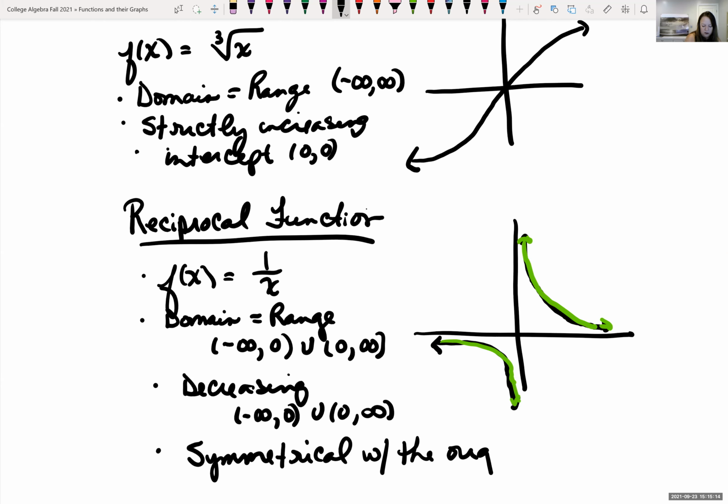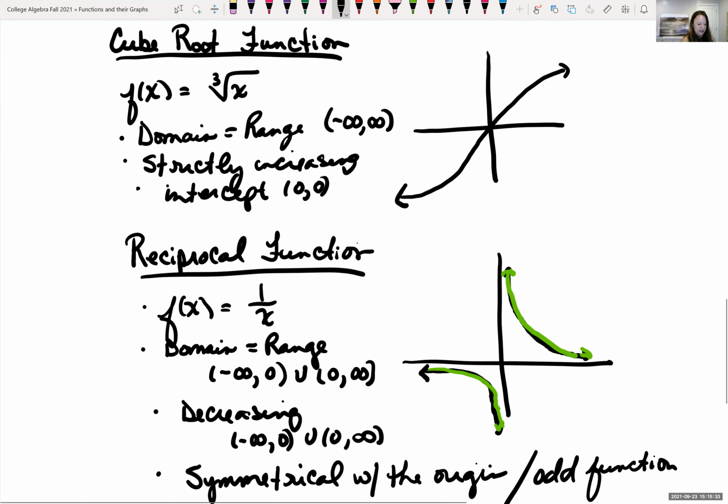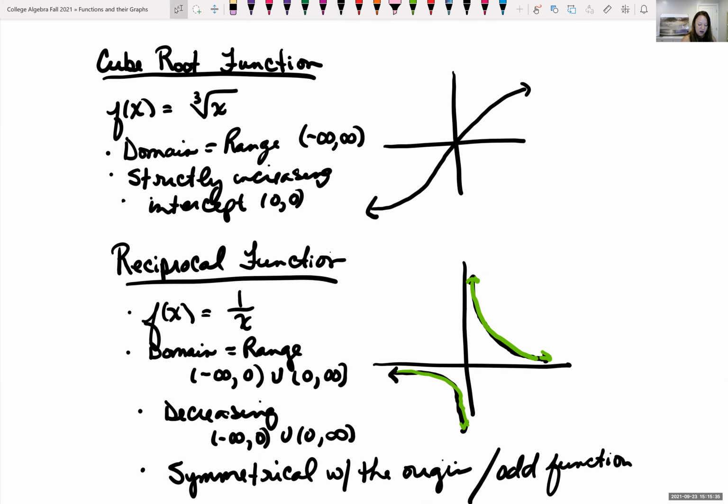And we were talking about the other day that if something was symmetrical with the origin, it was an odd function. So if you go back up to our cubic function, you can also see that, and the cube root function, those are also symmetrical with the origin and they're odd.